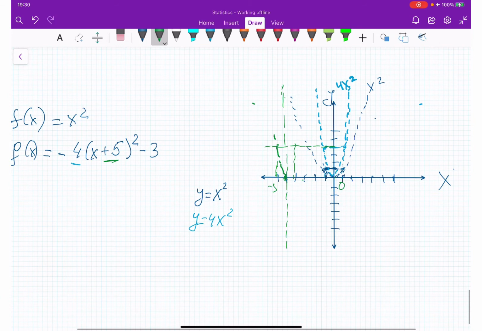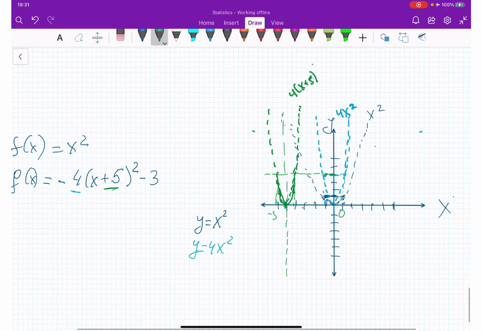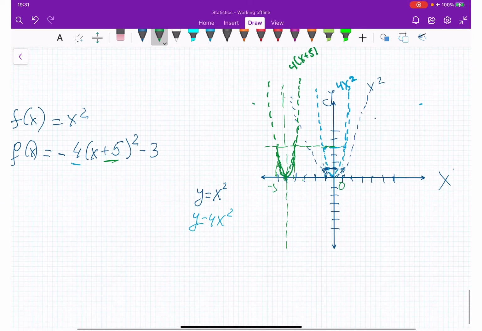The iPad is acting up today. There we go. We moved it by negative 5. Let me make it more smooth. Okay. So this one is 4 times (x plus 5) squared. Now we need to do minus 3, right?